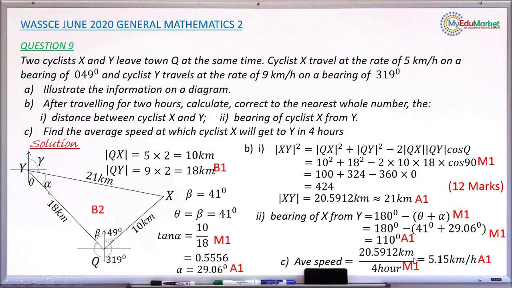Next mark is attempting to get the average speed by dividing the distance XY by 4 hours. You have this method 1 mark. And when you now have the average speed exactly as 5.15 kilometers per hour, you have this accuracy 1 mark. So if everything is correct in this very question, you have 12 good marks.